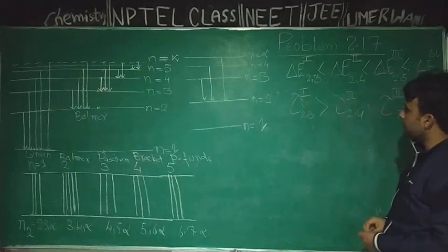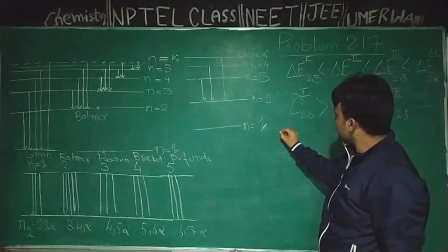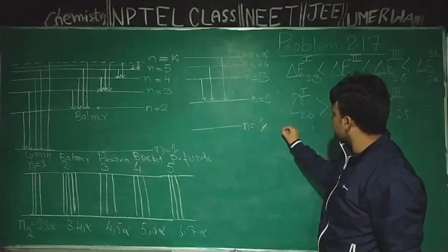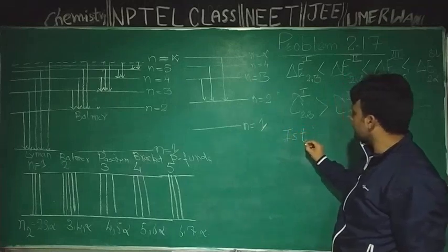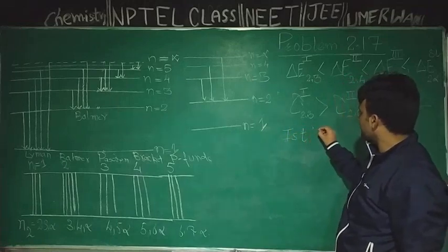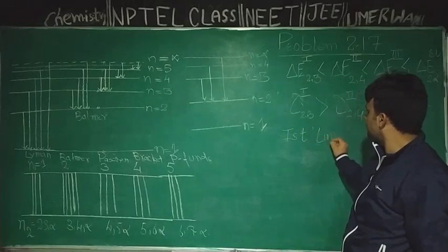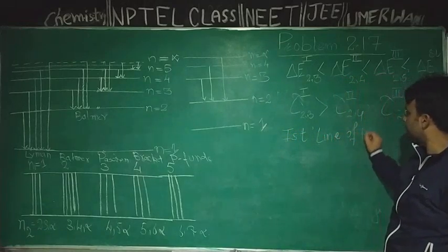So we identified it is the first line of the Balmer series. So we have to calculate the wave number for the first line of the Balmer series.